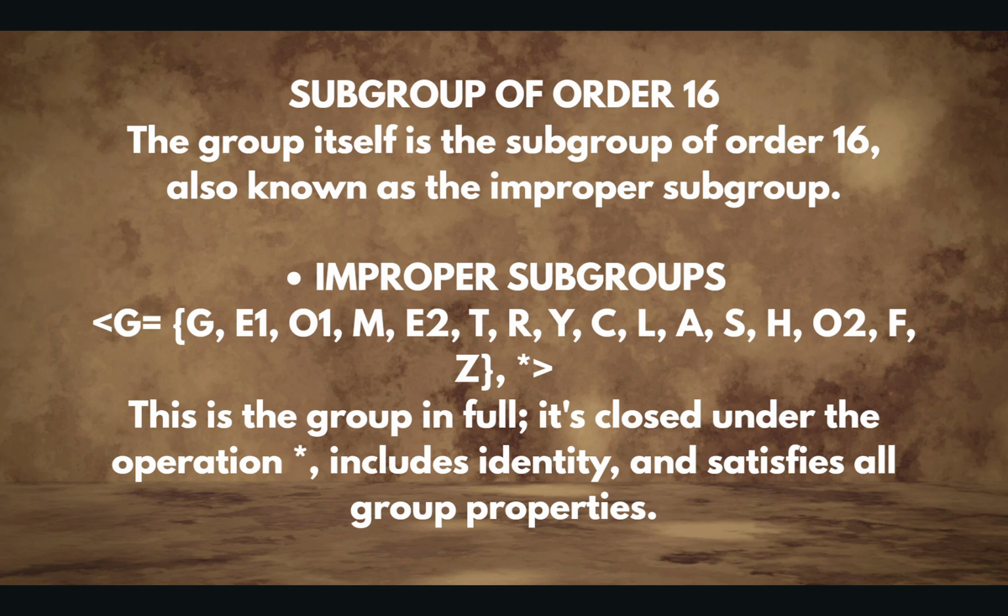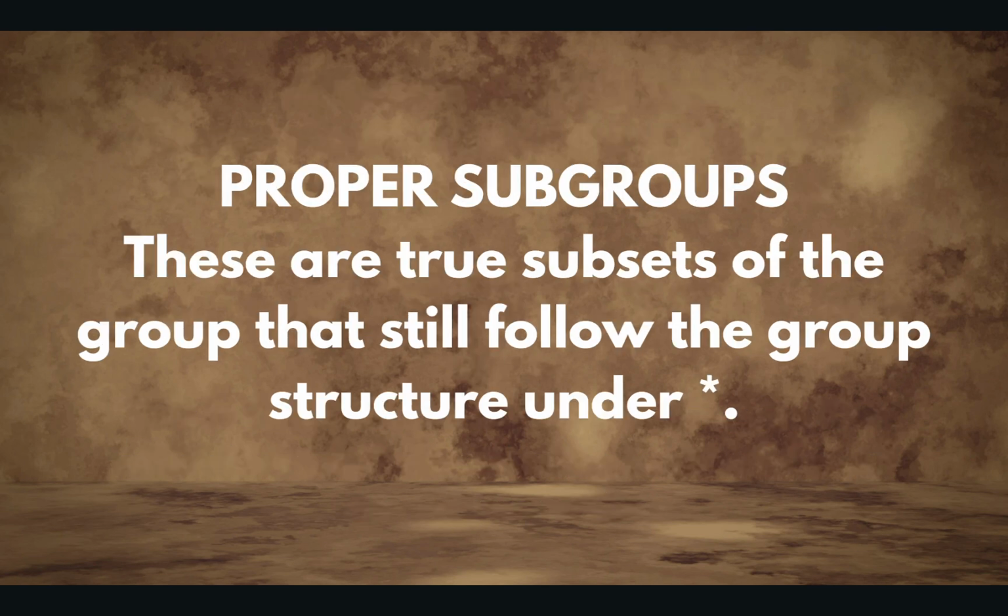The improper subgroup has the elements G, E1, O1, M, E2, T, R, Y, C, L, A, S, H, O2, F, and Z. So this is the group in full. It is closed under the operation, it has an identity, and it satisfies all the group properties, as we already proved in the previous discussions.